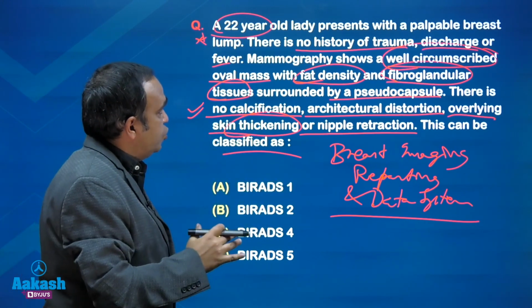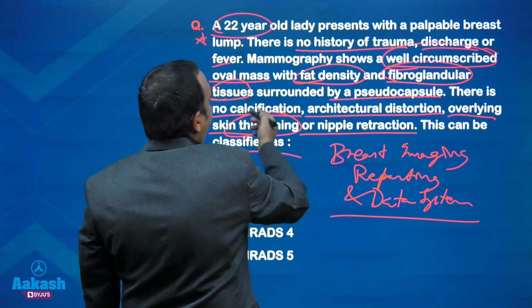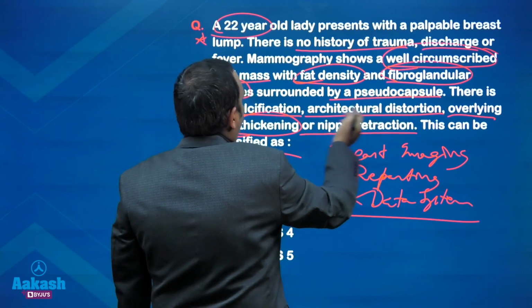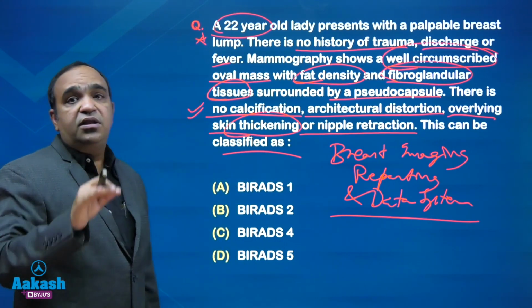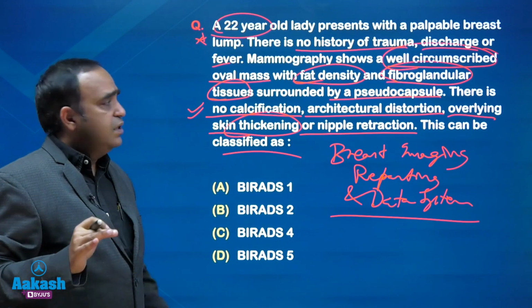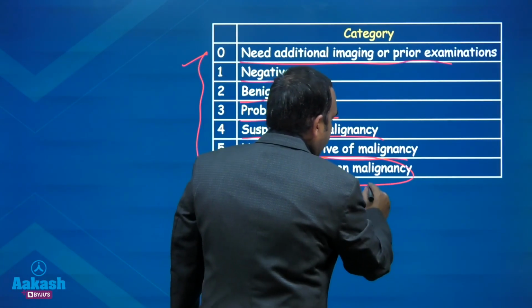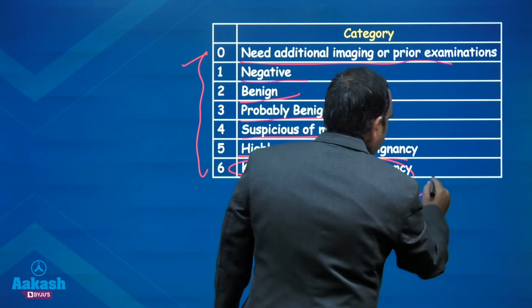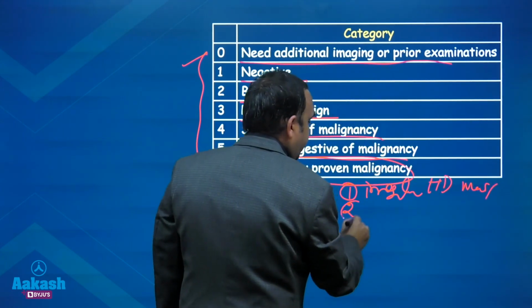And the findings also: a well circumscribed, oval mass with fat and fibroglandular tissues, with the pseudo capsule, no calcification, no architectural distortion. There are 4 main features of malignancy on a mammogram which you should look for. One is an irregular high density mass, which is not here.